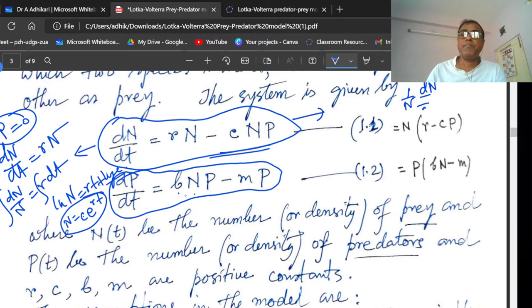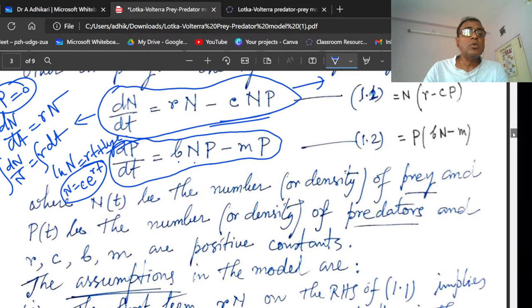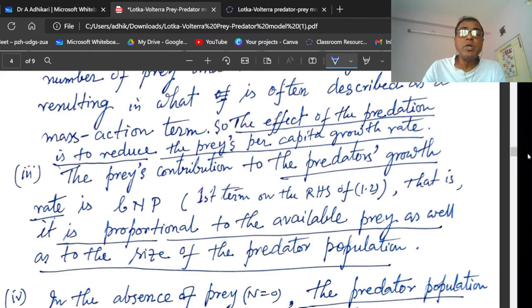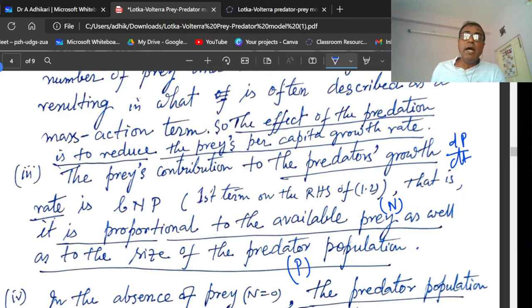So the third assumption is that the predator's growth rate, dP/dt, is proportional to the available prey, that is N, as well as the size of the predator population, that is P. So dP/dt increases with B into P into N.